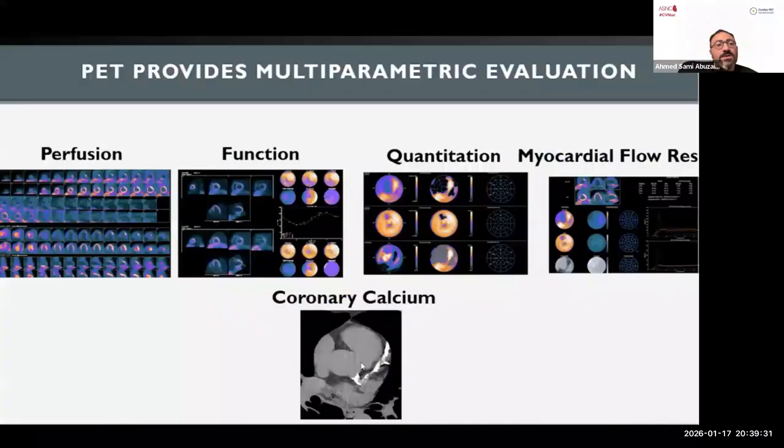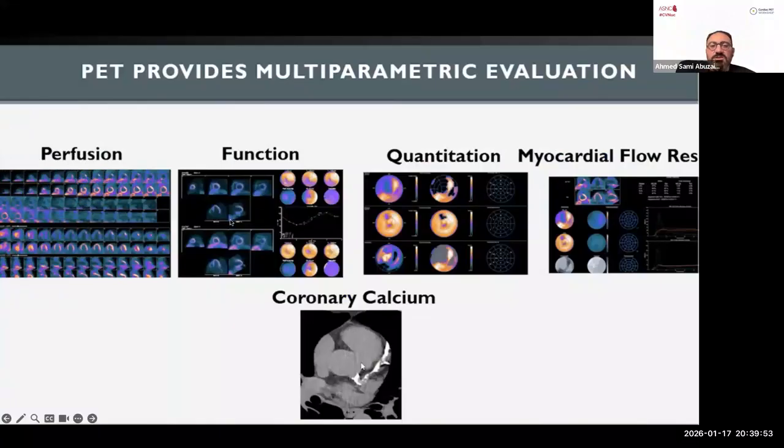And basically, what we're trying to do in the cardiac PET, right? It's a multi-parametric evaluation. It's one tool with multiple tools. I don't think we can call it multimodality imaging, but I think it's multi-tool or multi-parametric because the same machine, the same scanner, I get my relative perfusion with MPI.